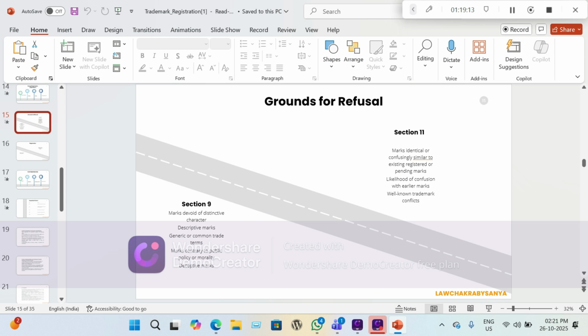Now, grounds of refusal, as I've already discussed, these are the grounds of refusal at the registrar level. The objections that can be raised by the registrar under section 9 are that the mark is devoid of distinctive character, it is descriptive, it is generic or common trade terms. For example, recently there was this Wow Momos controversy. Wow is a common word, a general term, so nobody can claim exclusive rights on the word wow.